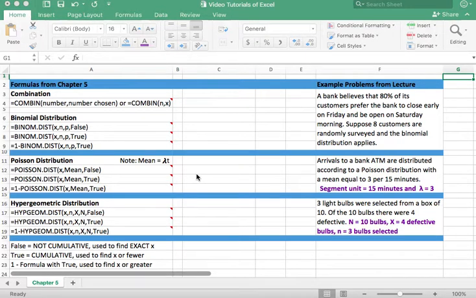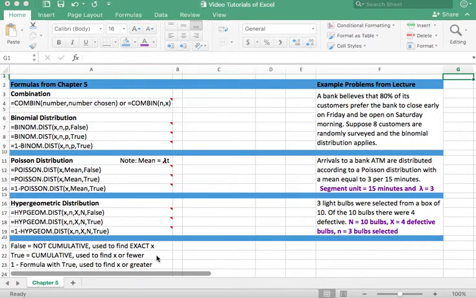Recall in our textbook that our table in the back, in the appendix, is cumulative, meaning the probabilities add up as you increase the x. So let's see here in my notes down below, if you type in the word false, that means it's not cumulative, and you'll use false when you want to find an exact number or an exact x.